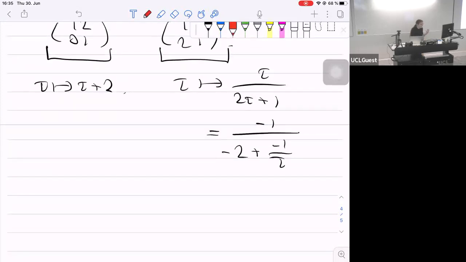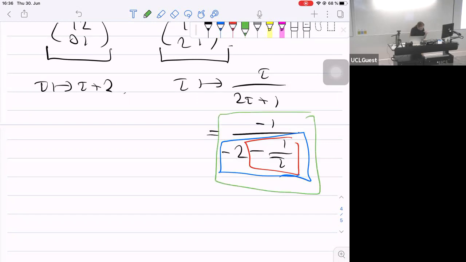I'm maybe going to make that minus 2 minus 1 over tau like that. And then we see as the first step, we are doing this minus 1 over tau transformation, then shifting by a period of minus 2, and then transforming again under the minus 1 over tau.